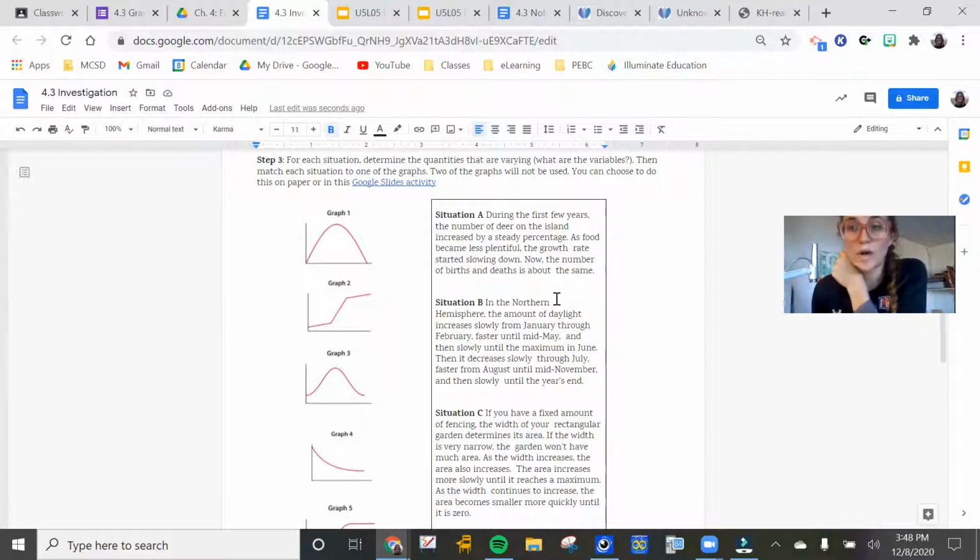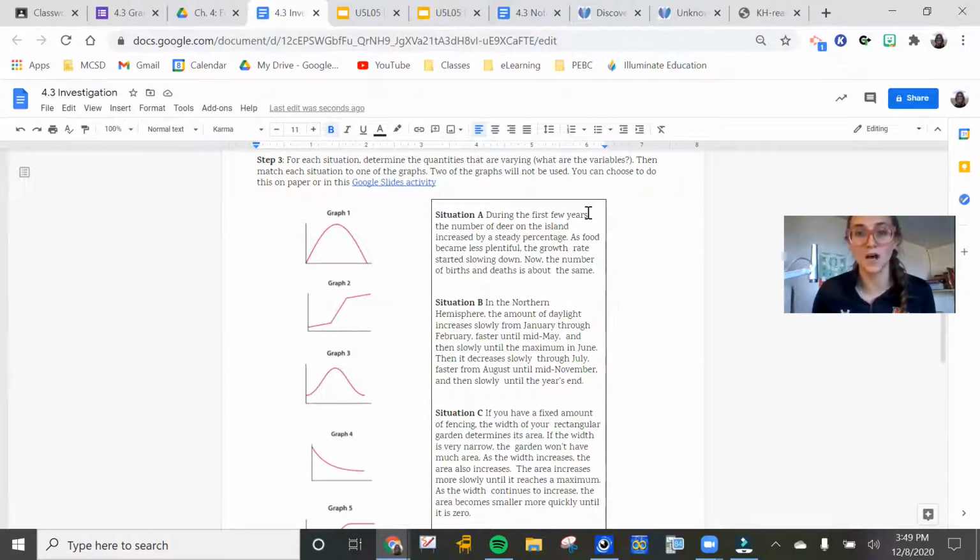So my first question is, what quantities are varying? So think about the numbers here and how they're changing. What are my variables? This first piece kind of gives it away to me. During the first few years, that means that we're looking at time.